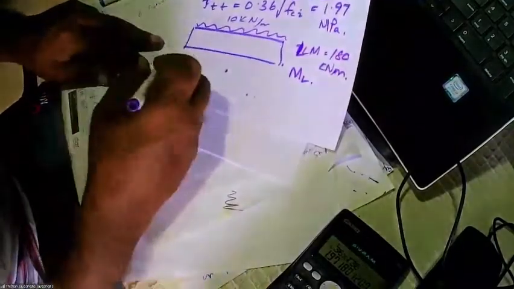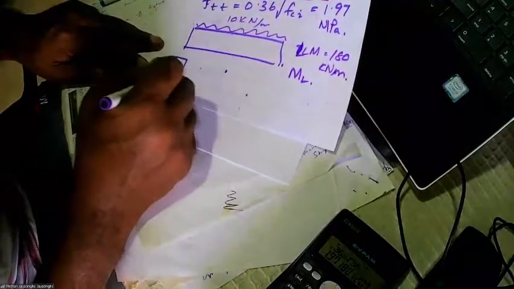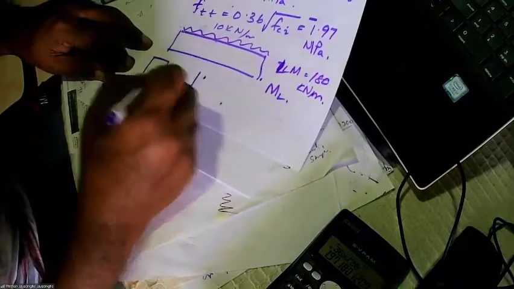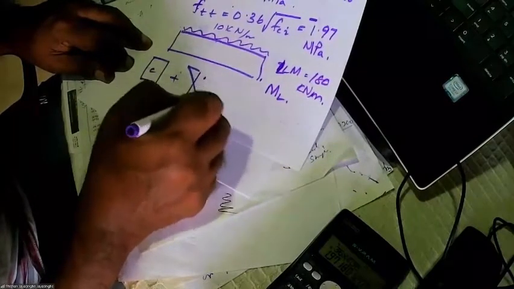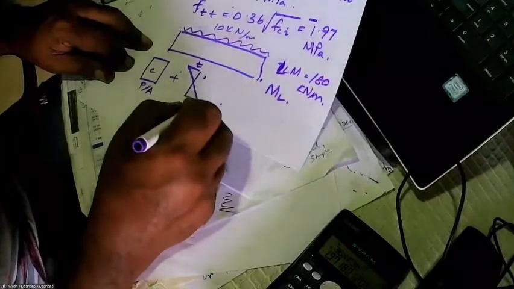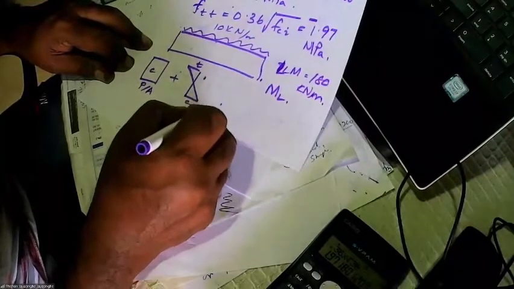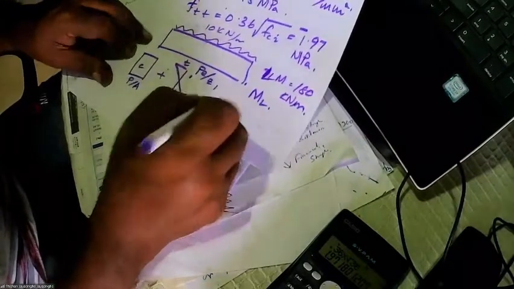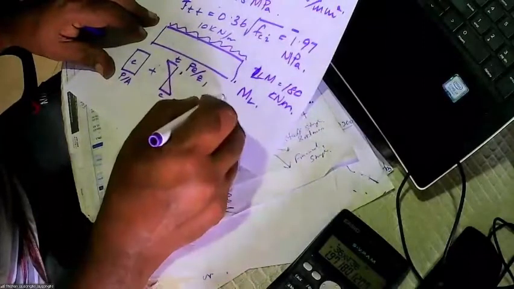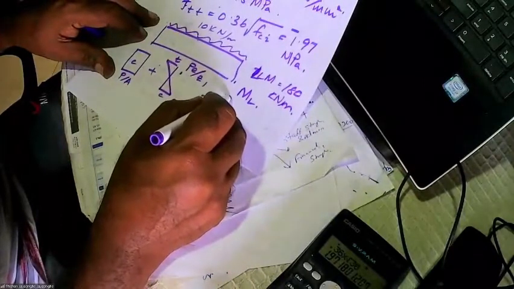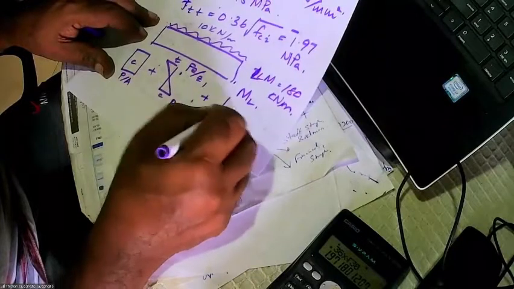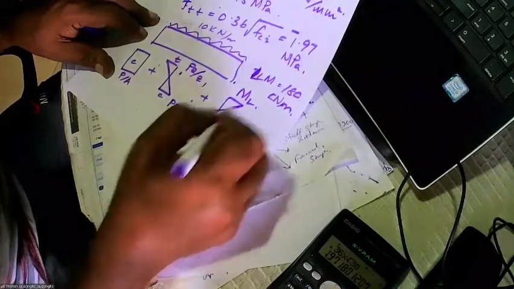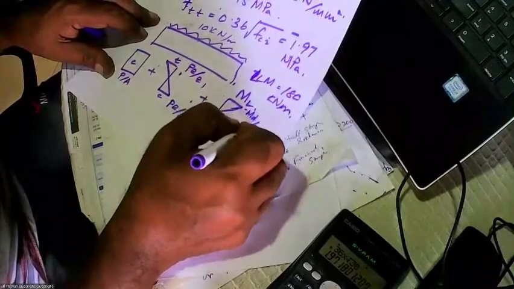So what happens now? Now we have POA plus compression, tension, PEO is at Z1, plus MD over Z2 minus MD over Z1.